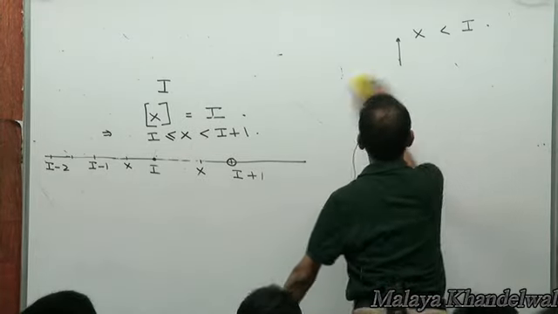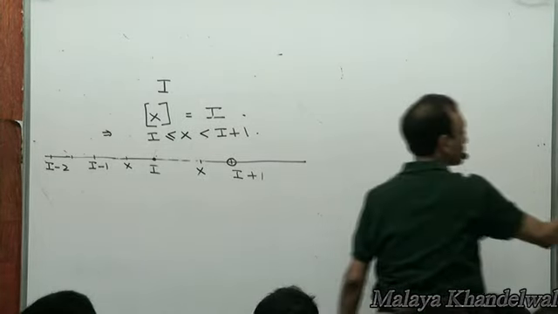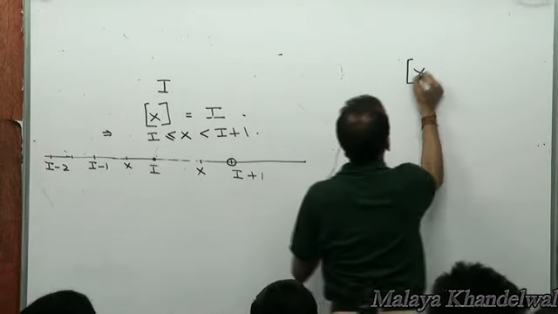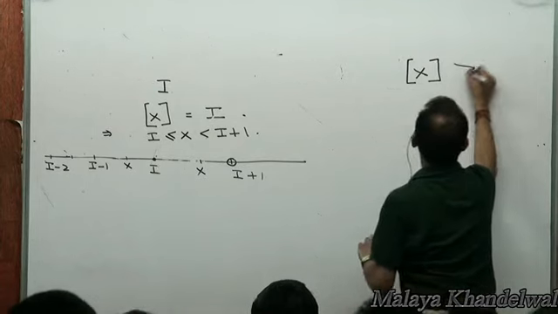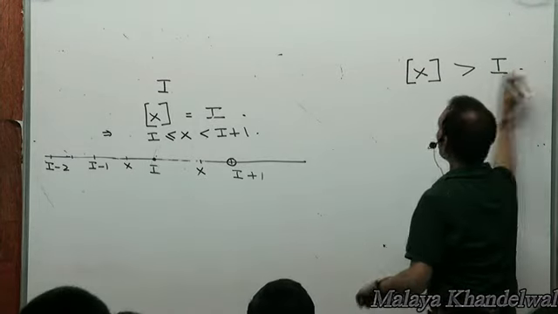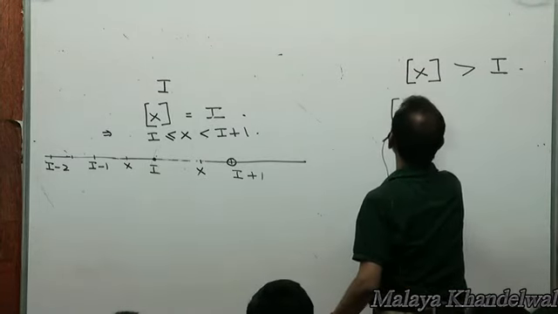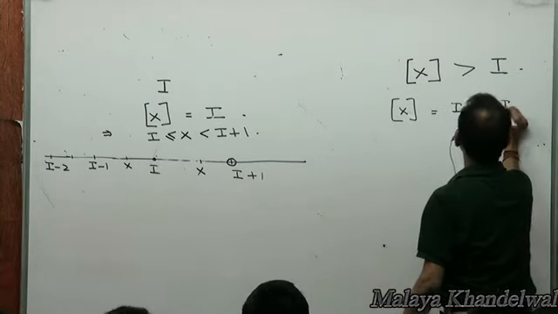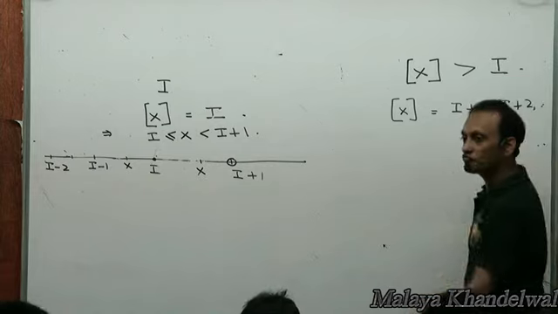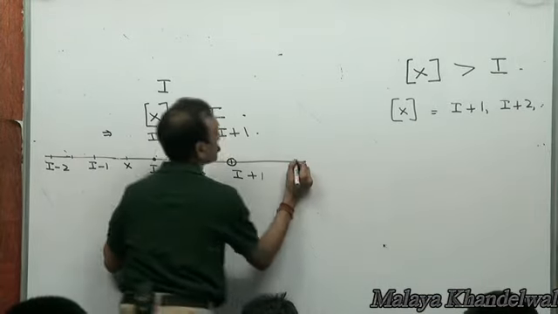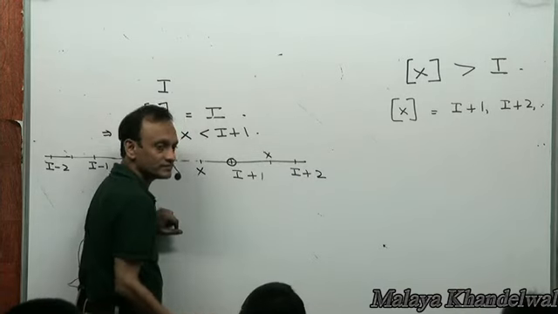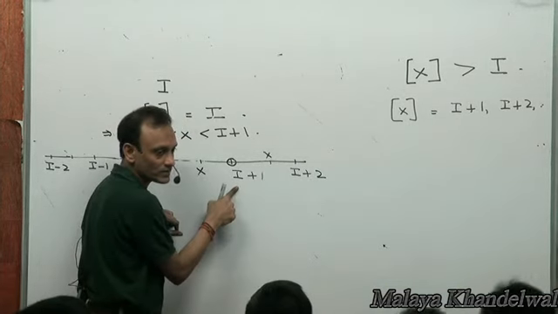If I said box of x greater than I, that means box of x could assume values like I plus 1, I plus 2, and so on. When is box of x equal to I plus 1? When x lies somewhere here, then box of x will be I plus 1.